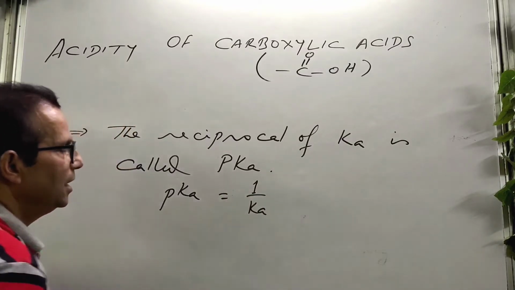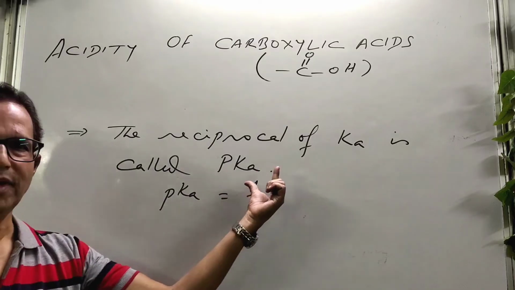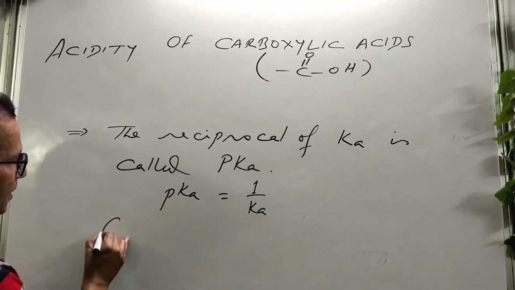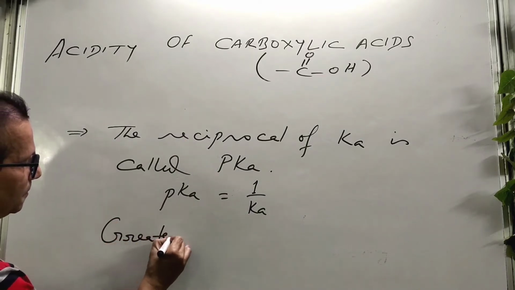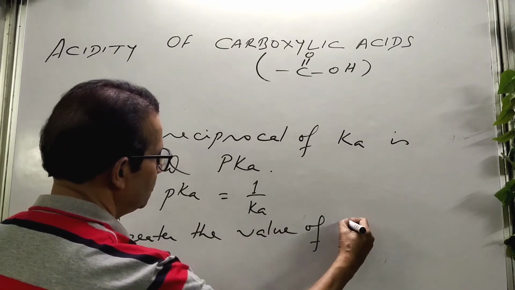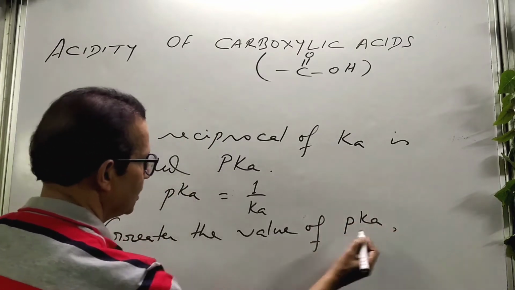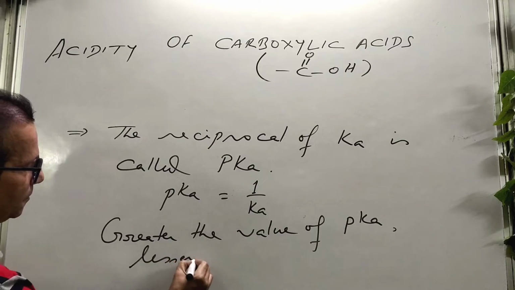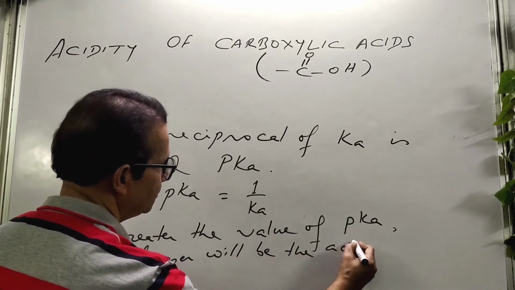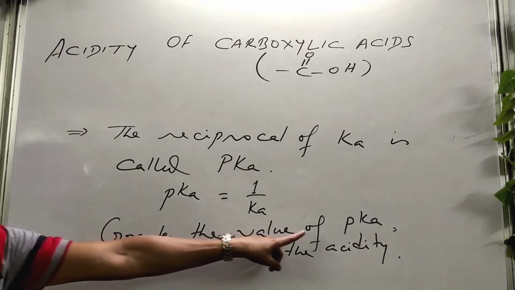Actually, pKa has a mathematical formula. In equilibrium chapter I will discuss, okay? So it is clear to us that greater the value of pKa, lesser will be the acidity. Greater the value of pKa, lesser will be the acidity.